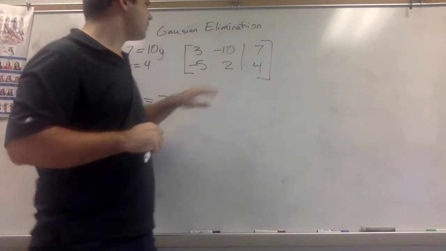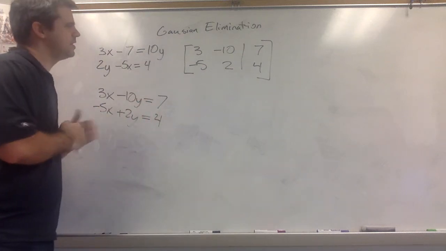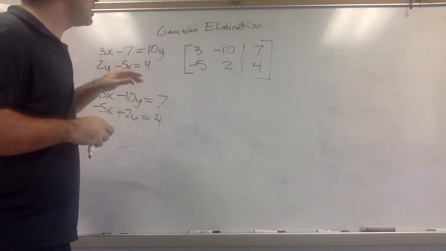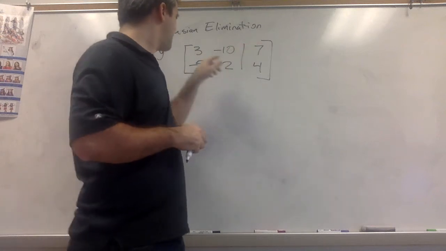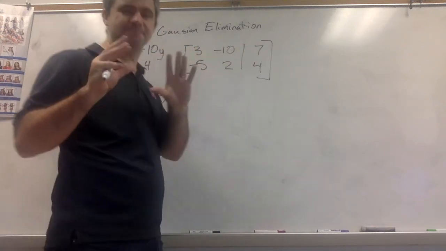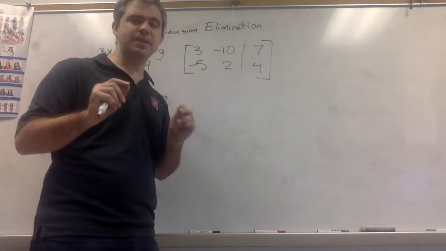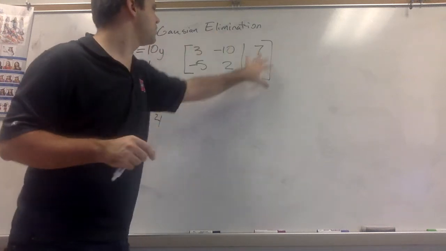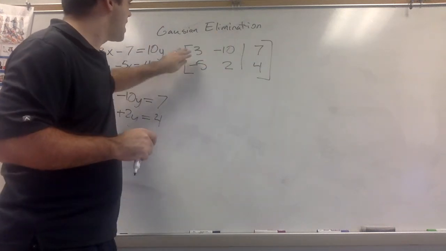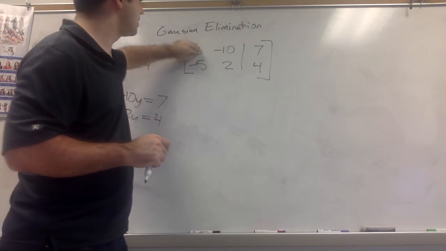So let's say I've got this right here. Let me back up. Gaussian elimination, how it works is we're going to transform this matrix to have a 1 here and a 1 here.